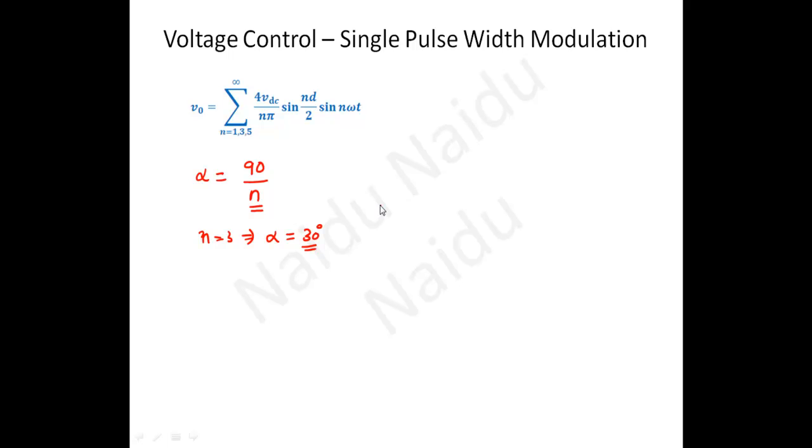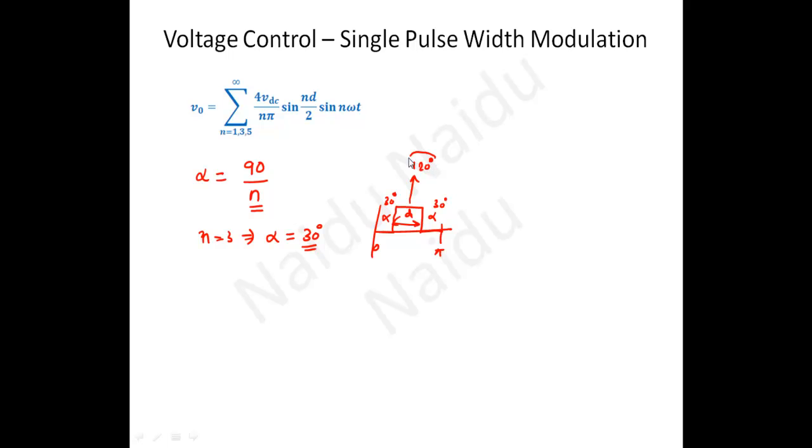We need to have the waveform like this. This is 180, this is 0. This is the pulse width we are talking about, and this is alpha on each side. Alpha is 30 degrees, so this is 30 degrees and this is 30 degrees. Out of 180 degrees, 30 plus 30, which is 60, is taken out, and the remaining is 120 degrees.